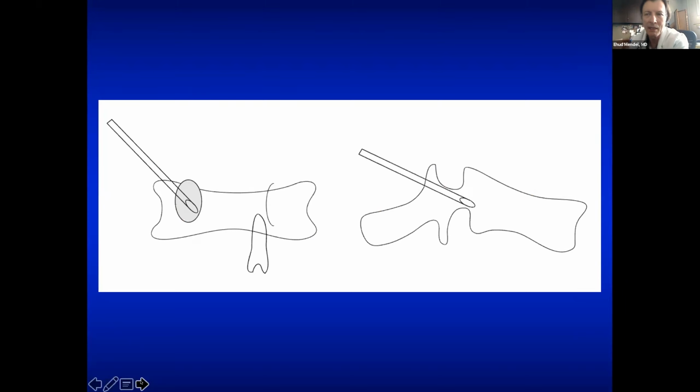I use an oblique view where the spinous process actually hugs the contralateral pedicle, and by doing that, that allows me to get that needle very medial in the vertebral body to the point that rarely do I need to put two needles. So if you can get that needle into the midline of the vertebral body or even cross midline on an AP, by injecting the contralateral cement and then pulling the needle out, you can actually fill up both sides of the vertebral body with one needle injection.